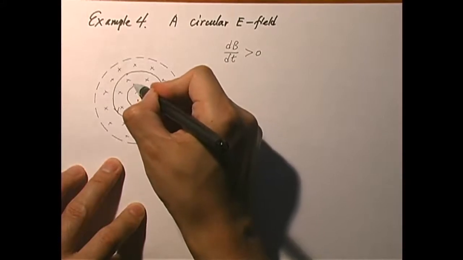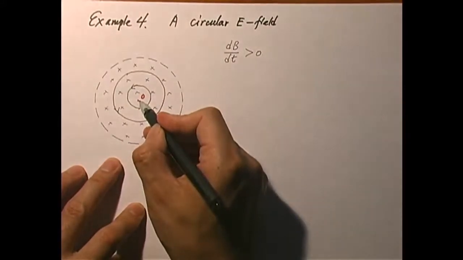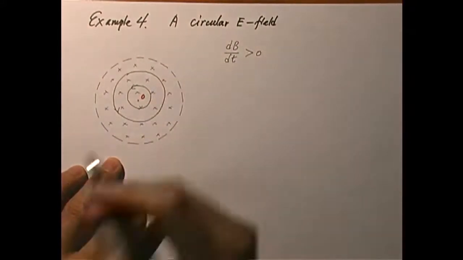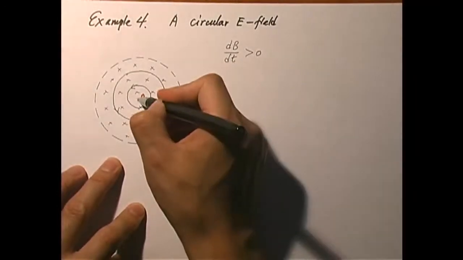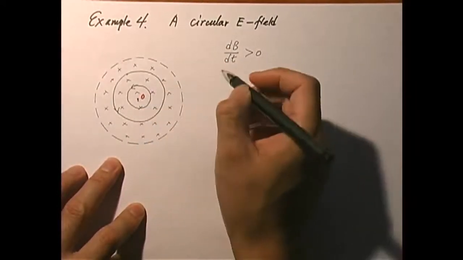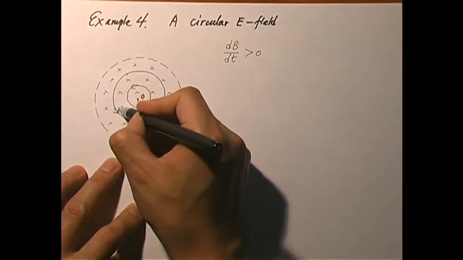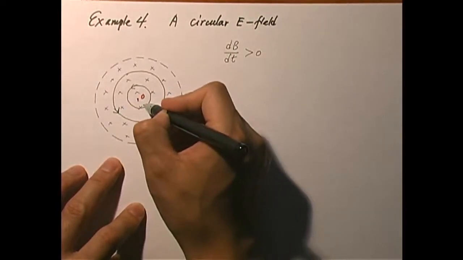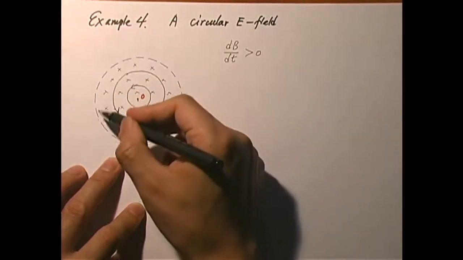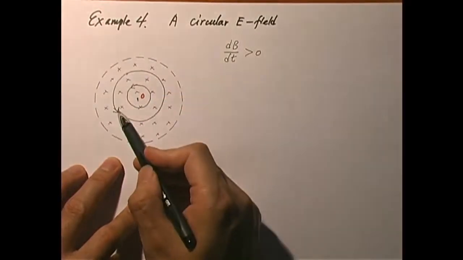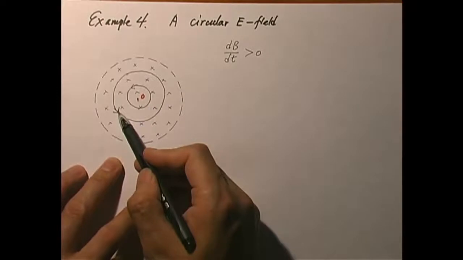They're all concentric circles centered here. It's kind of like the magnetic field lines that you learned about for an infinitely long wire. So this is a new type of electric field lines. They will generate an EMF which would power a current if you had a real wire there.